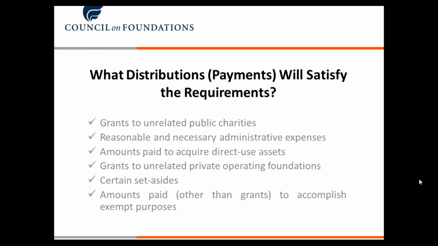So that is accounted for in this code section, and there's some rules about how you determine whether it's a qualified set-aside, but that's another option that will count toward your distribution amount. And then finally, amounts paid other than grants to accomplish exempt purposes. So we've gotten questions recently about program-related investments. May not necessarily be grants, but a lot of these amounts can also count toward your distribution requirement.